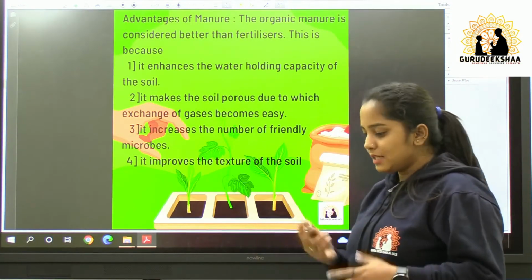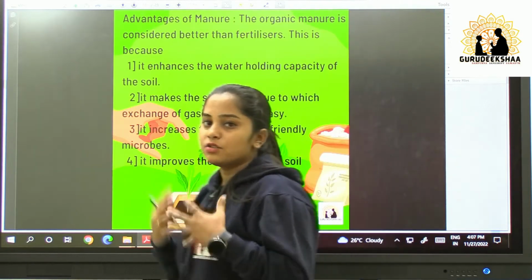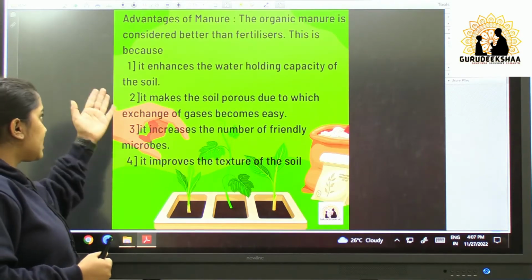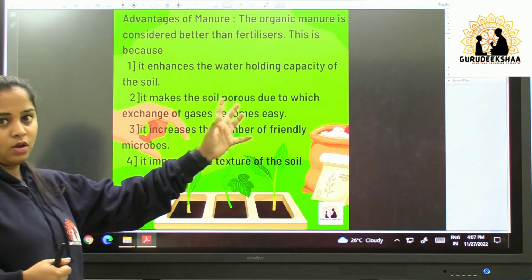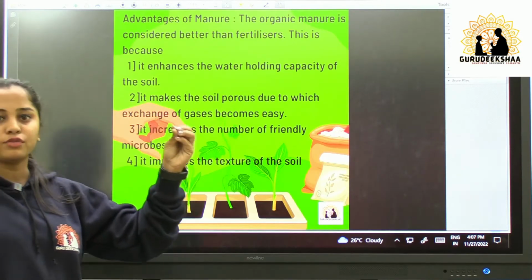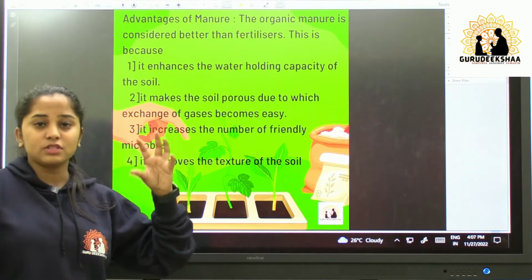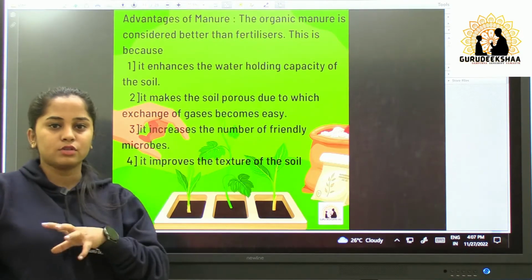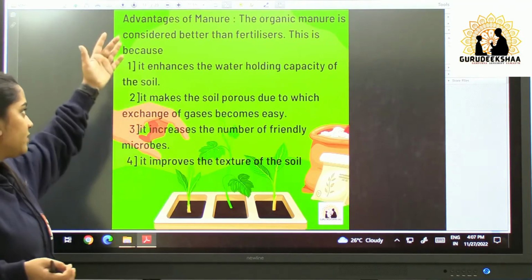So coming to the next, what are the advantages of manure we should know? The organic manure is considered better than the fertilizers. Obviously the fruits are better than the medicines, because we don't have any side effects from having fruits. Same thing happens with the plants.